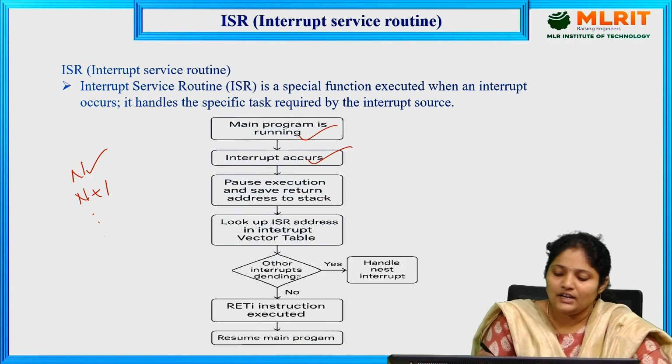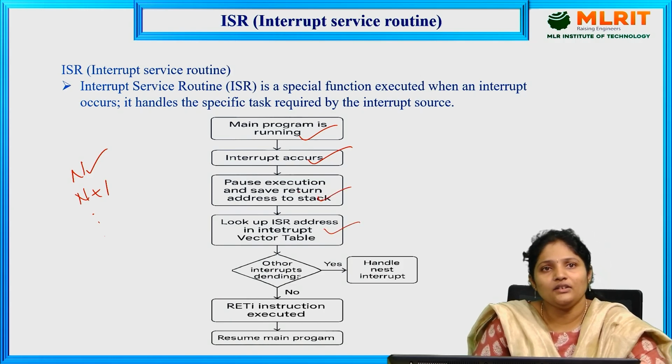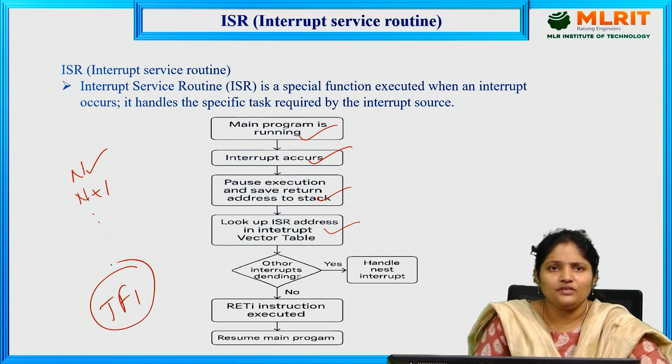Now the controller will go to the ISR. Consider that the timer flag 1 interrupt occurs. How do we find the timer flag 1 interrupt? That's why there is a concept known as the interrupt vector table.